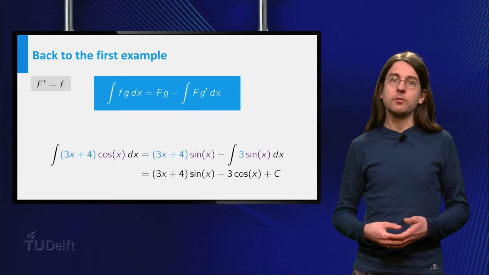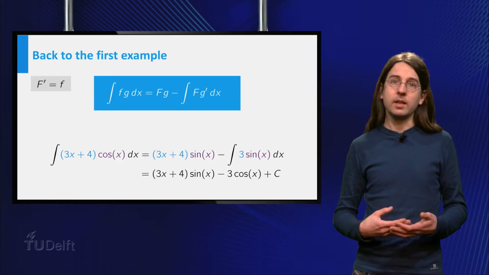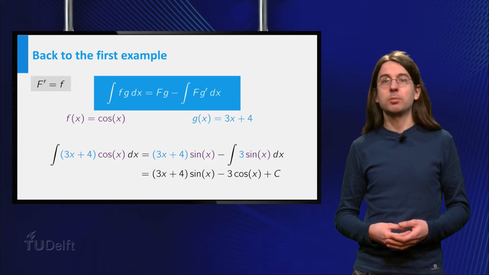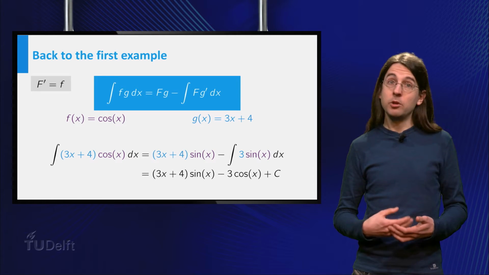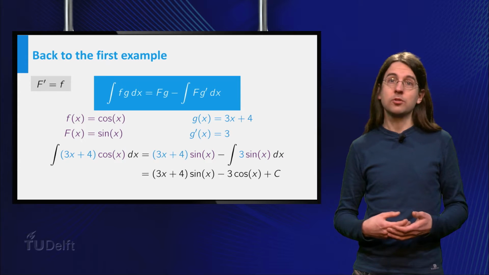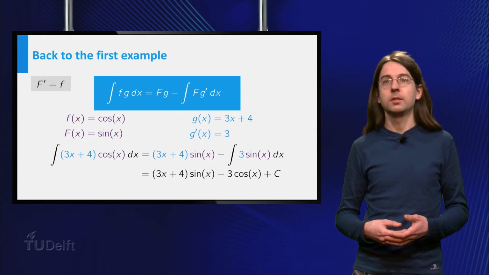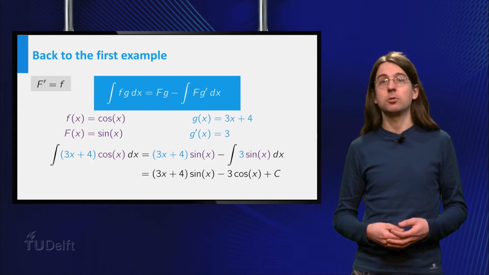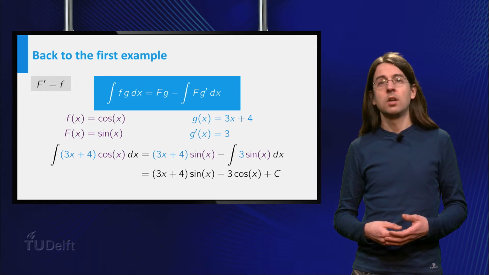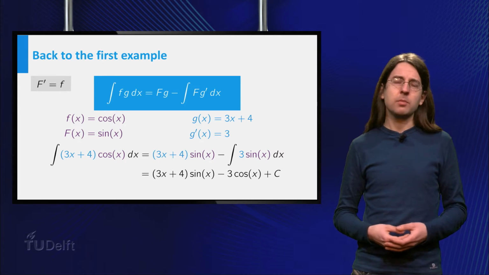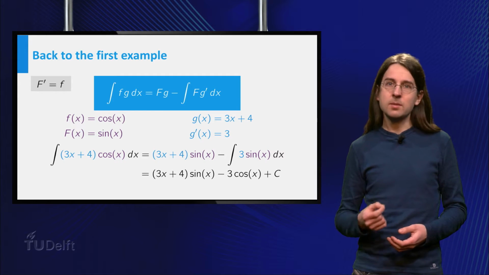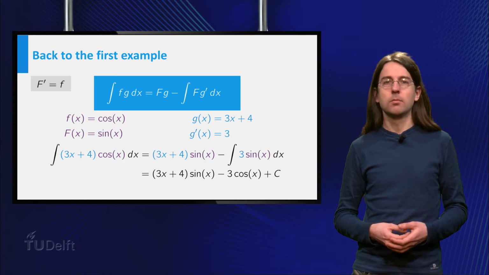If we apply this to the first example, you see that we take f equals cosine of x and g equals 3x + 4. The primitive capital F then equals sine of x and the derivative g prime equals the constant function 3. Thus, we recover the formula we found before. Whenever you want to apply integration by parts, the goal is to ensure that the new integral is simpler than the original integral.